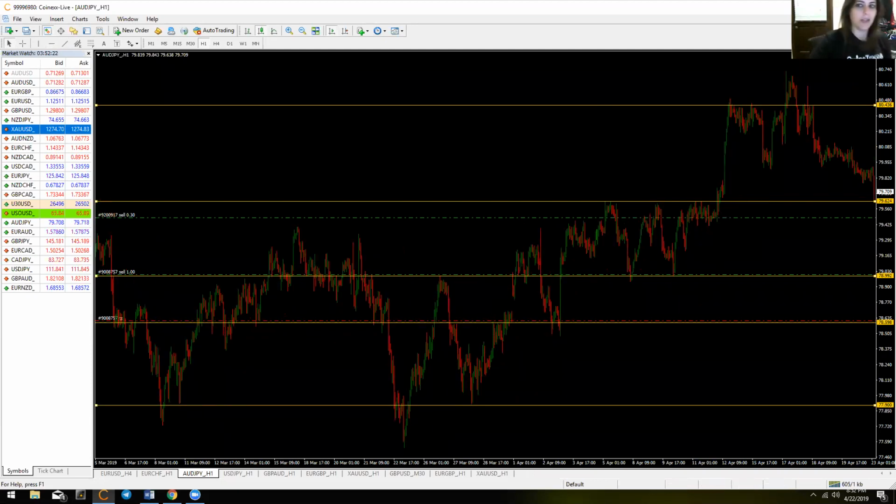So that's all it's doing. This is resistance, support, then this becomes resistance, and this becomes support. And then this became resistance, and then this became support.